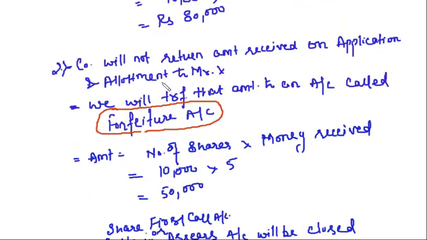Then what will the company do with the amount that has been received by the company? That amount will be transferred to a separate account that is known as forfeiture account. Here the important words are amount that has been received by the company. Clear?